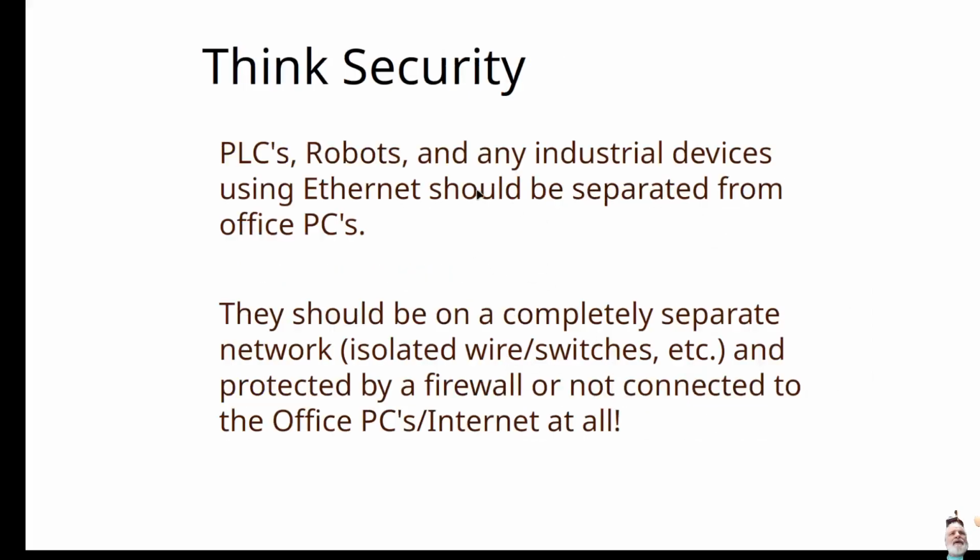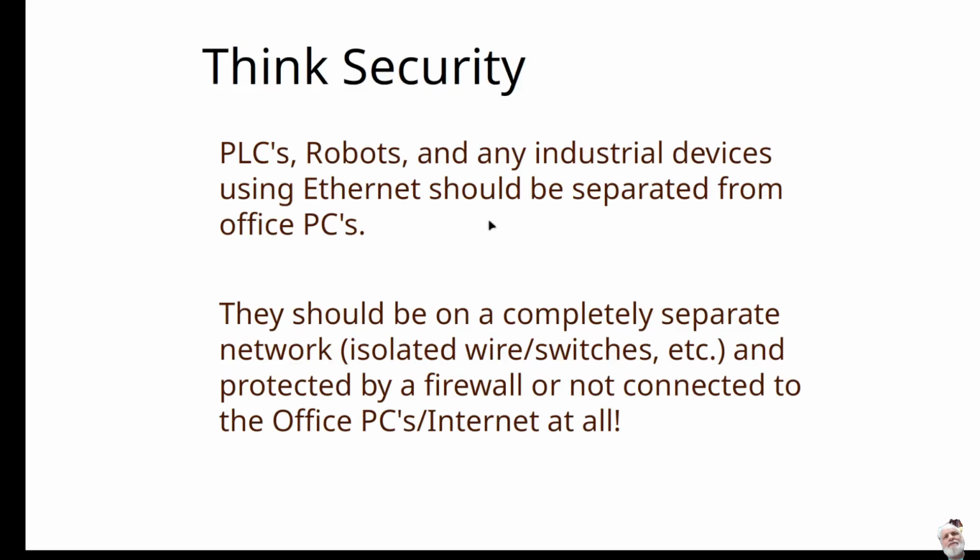All right, so one thing to keep in mind is that the PLCs and the robots and pretty much any of these industrial devices cannot do a lot of processing, which means they almost never can do encryption. And so therefore you really don't want these on just a general network.